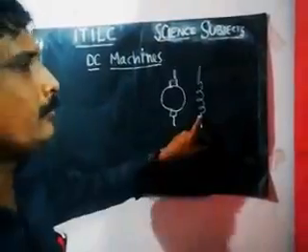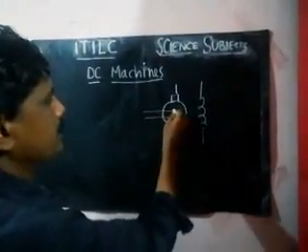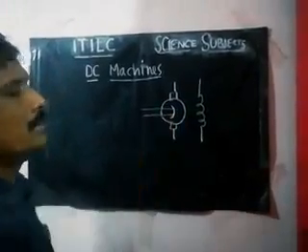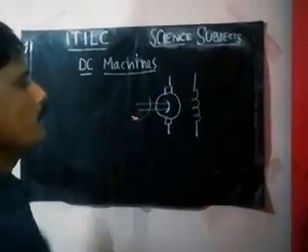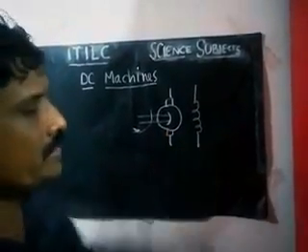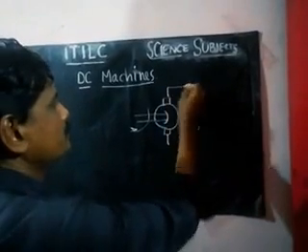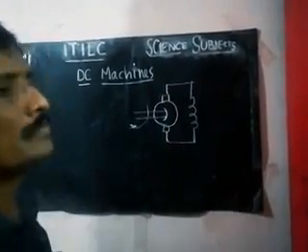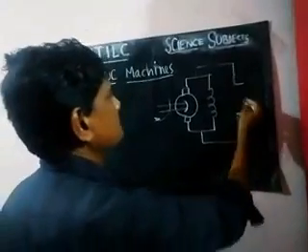The prime mover is attached to the rotor so that it rotates. When the rotor is connected in parallel to the field coil, just like this, it gives out a DC source, that means DC power.